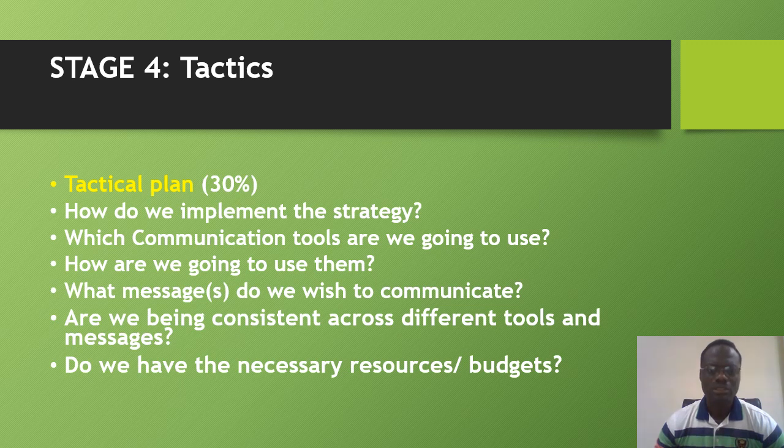Now, how do we implement the strategy, and which communication tools are we going to use? How are we going to use them? And these are basic questions you need to ask yourself. What messages do we wish to communicate?